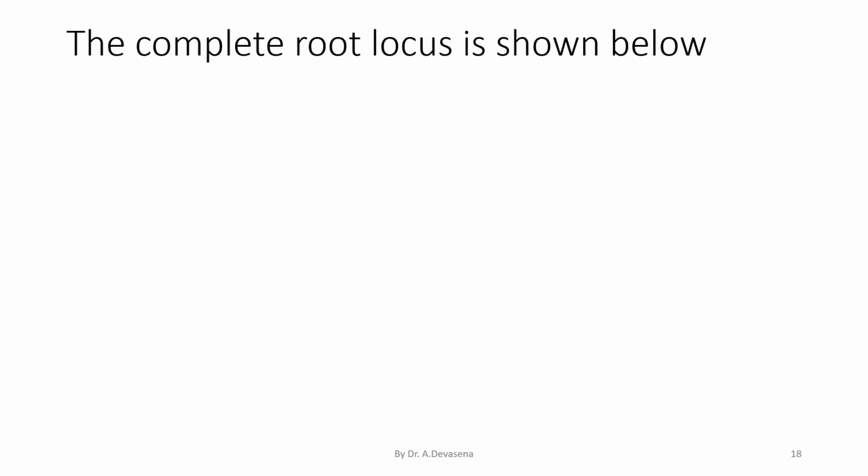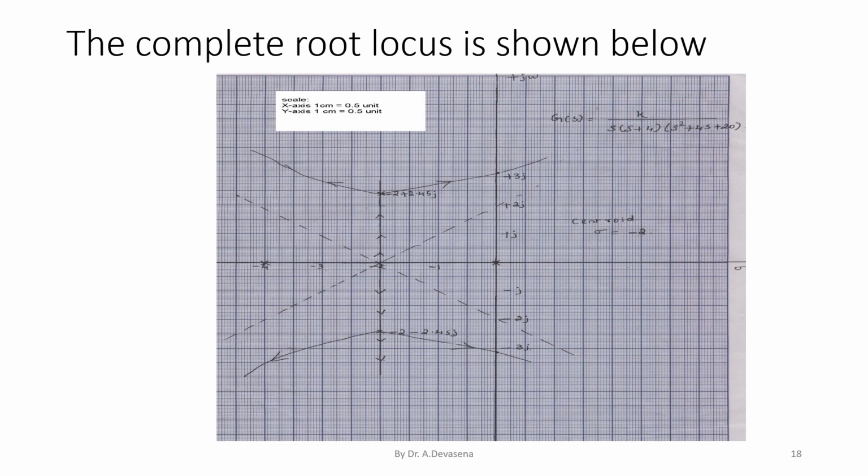The complete root locus for the given problem is shown below. In this problem, we have calculated the value of the centroid as minus 2. The centroid is marked at minus 2. The centroid is a point where the asymptotes intersect on the real axis. The centroid may be a part of the root locus or it may not be.